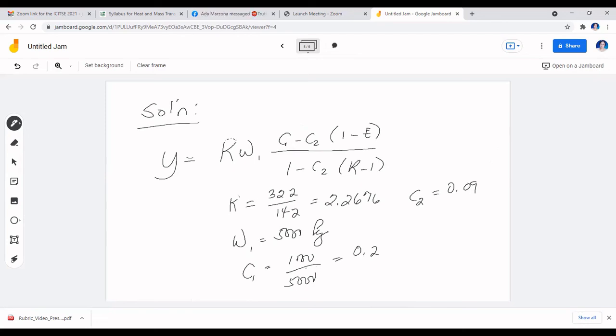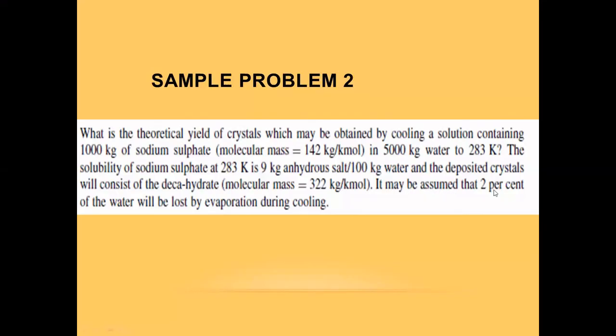And actually, this is the ratio of the water evaporated to the initial amount. The problem says that it may be assumed that 2% of the water will be lost by evaporation. Where is this 2% coming from? Common sense will tell us that this 2% of water that will be lost from evaporation is the water from the original feed to the crystallizer.